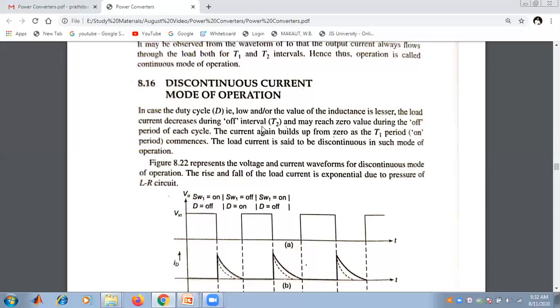In our previous discussion of the continuous mode of operation, the current does not go to the zero value, so it is called the continuous mode.